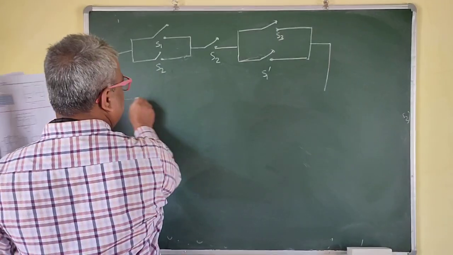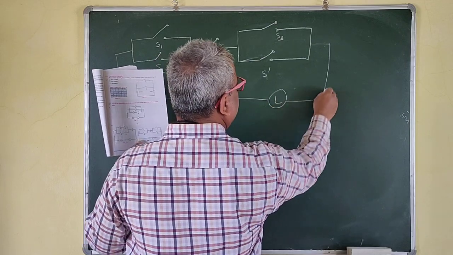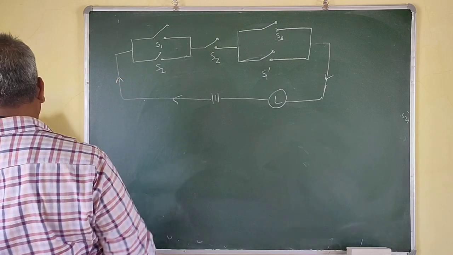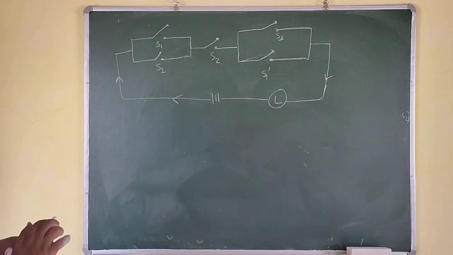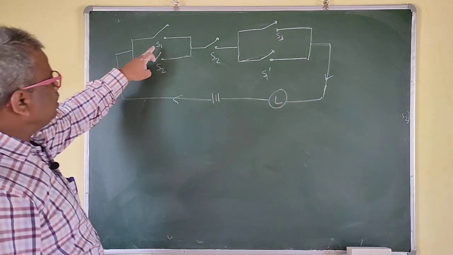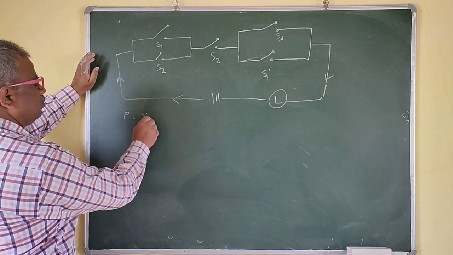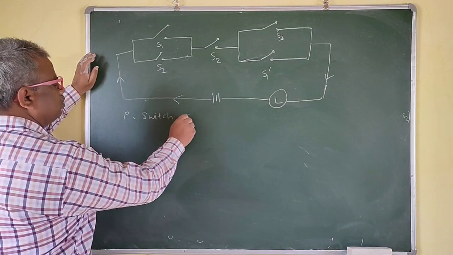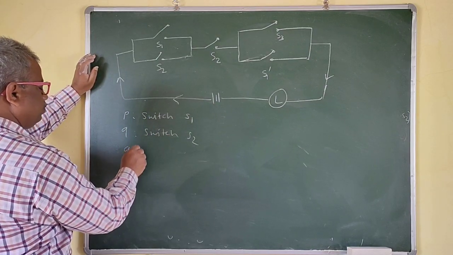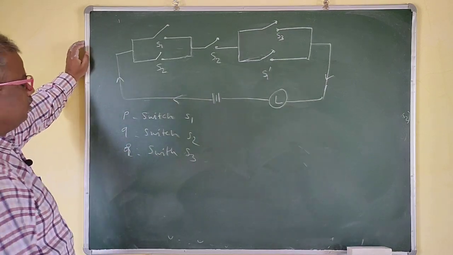Okay, this is your circuit. So how many switches are there? 3. That means P, Q, R are there, right? So switch S1, S2, S3.